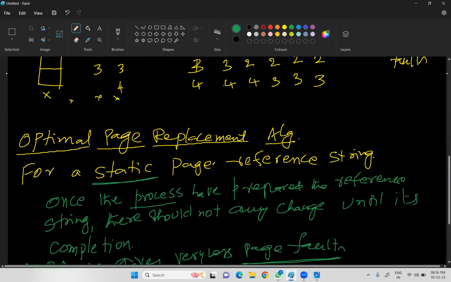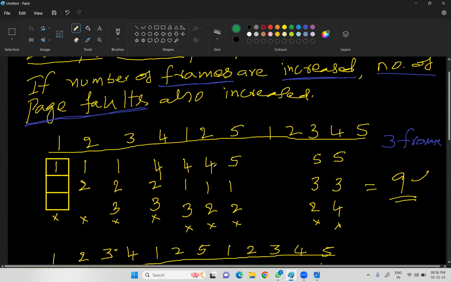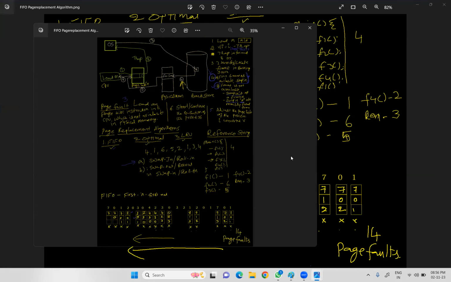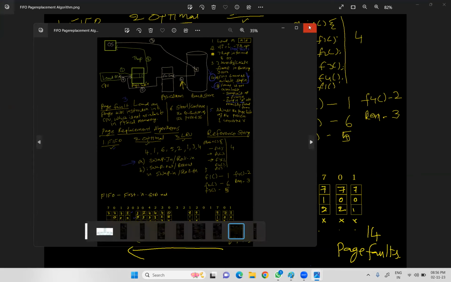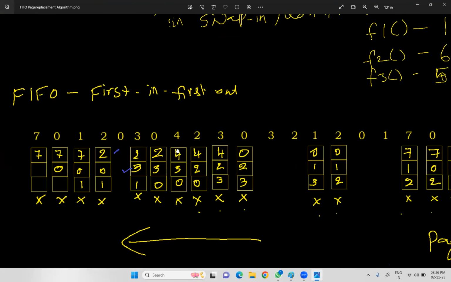So look at this. I'll scroll up to FIFO here. Three allocated frames, you can see. As far as this particular problem, probably it is not here. This is actually for Belady's anomaly. So let me open the previous question here, which we discussed earlier.